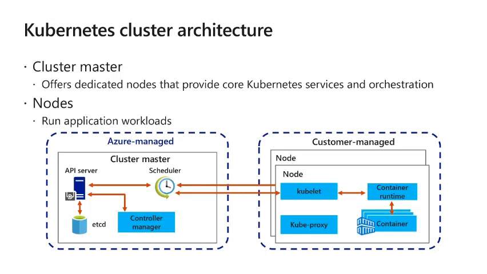Nodes and node pools: to run your application and supporting services, you need a Kubernetes node. An AKS cluster has one or more nodes, each an Azure virtual machine that runs the Kubernetes node components, kubelet and kube-proxy, and the container runtime for that node.